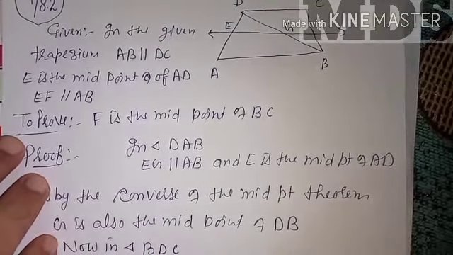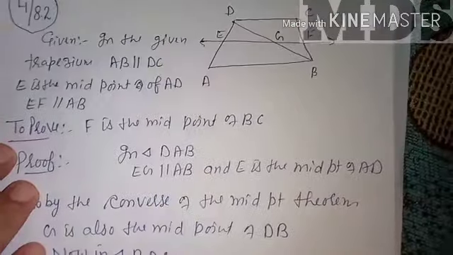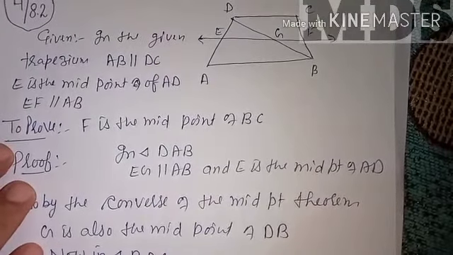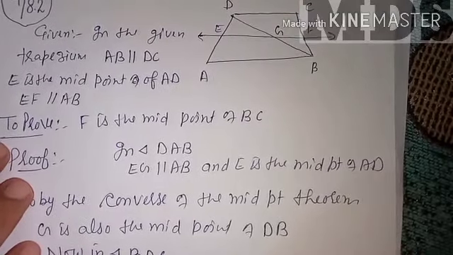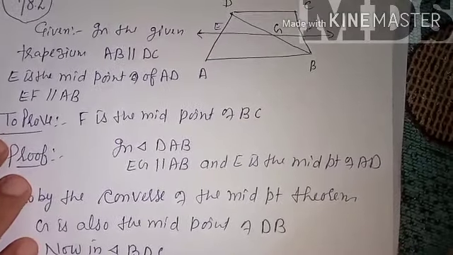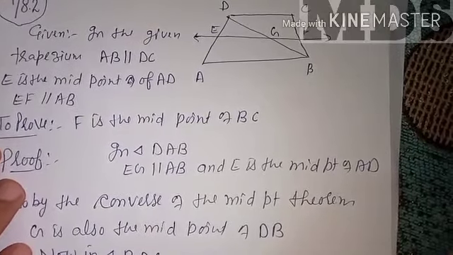A line is drawn through E which passes through BC at F, and you have to prove F is also the midpoint of BC, or you can say BF equal to FC.